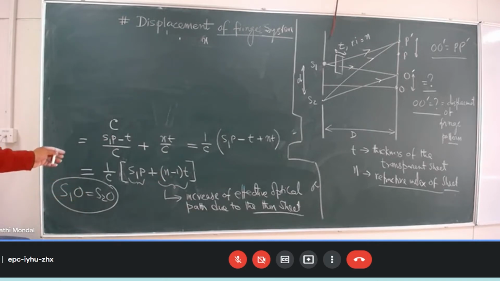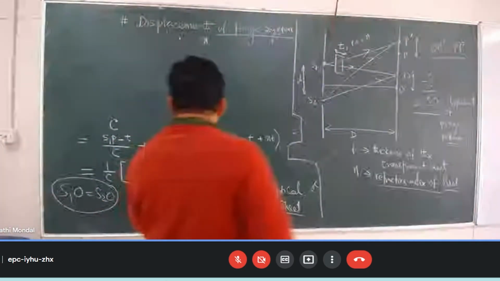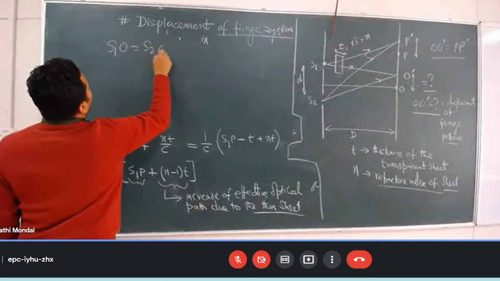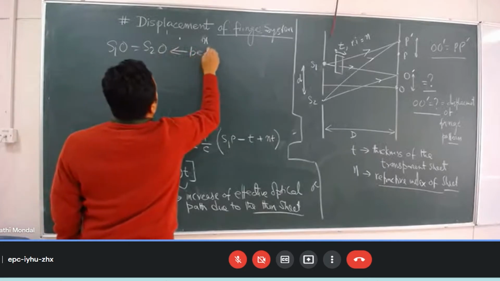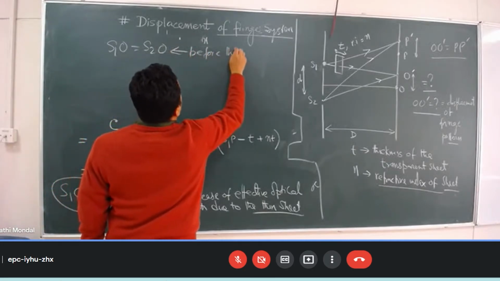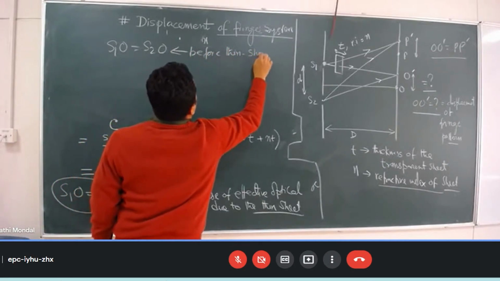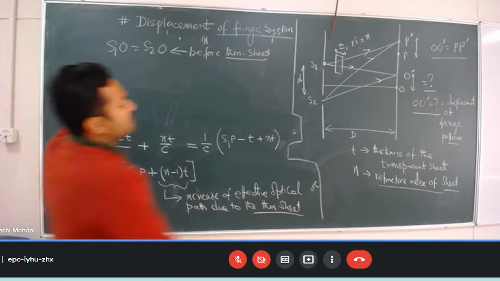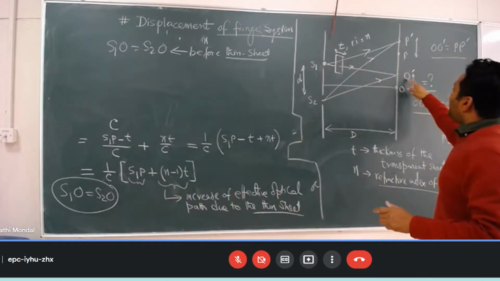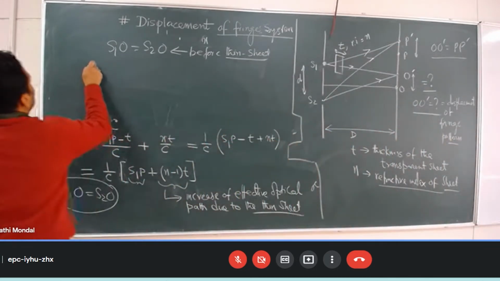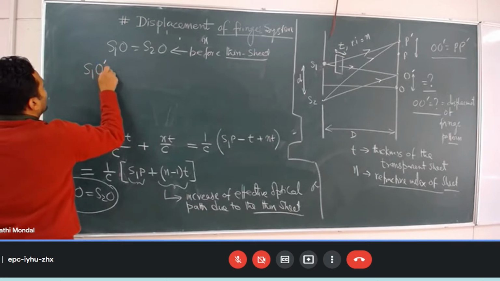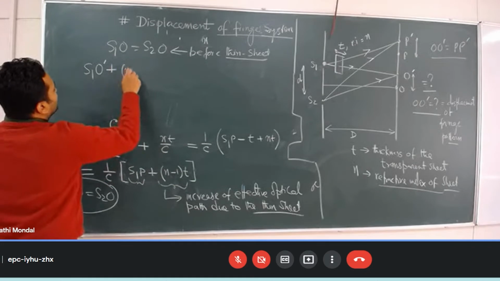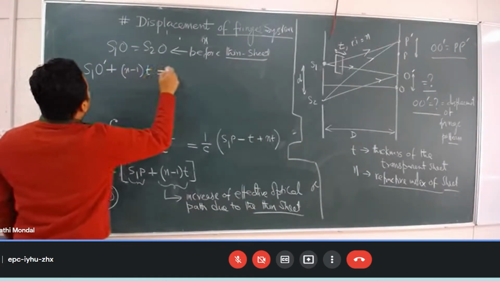Now we can do it very easily. Before the thin sheet, S1O equals S2O. Now after insertion of the thin sheet, what happened? The central fringe has moved from here to here. So now S1O dot is there, and along with it this much optical path has increased, so S1O dot plus N minus 1 into T equals S2O dot.